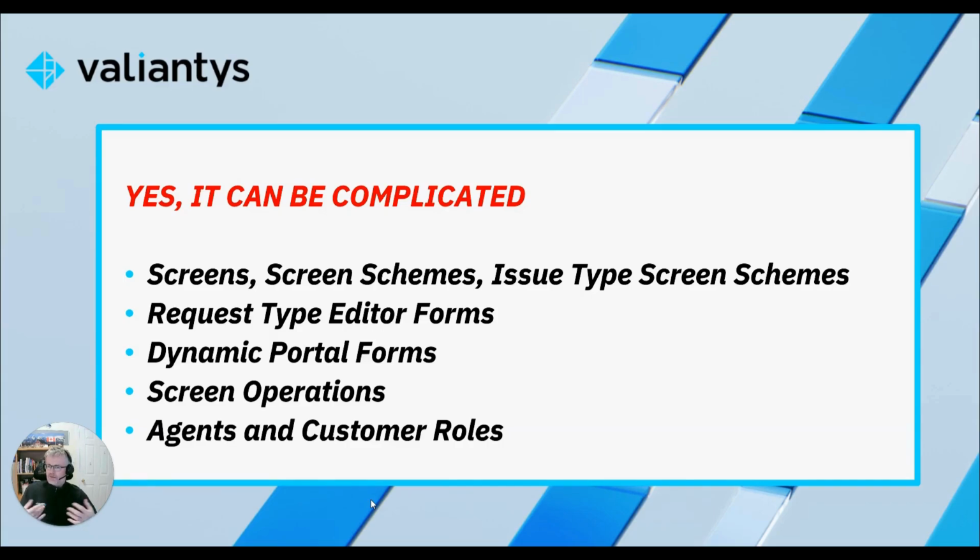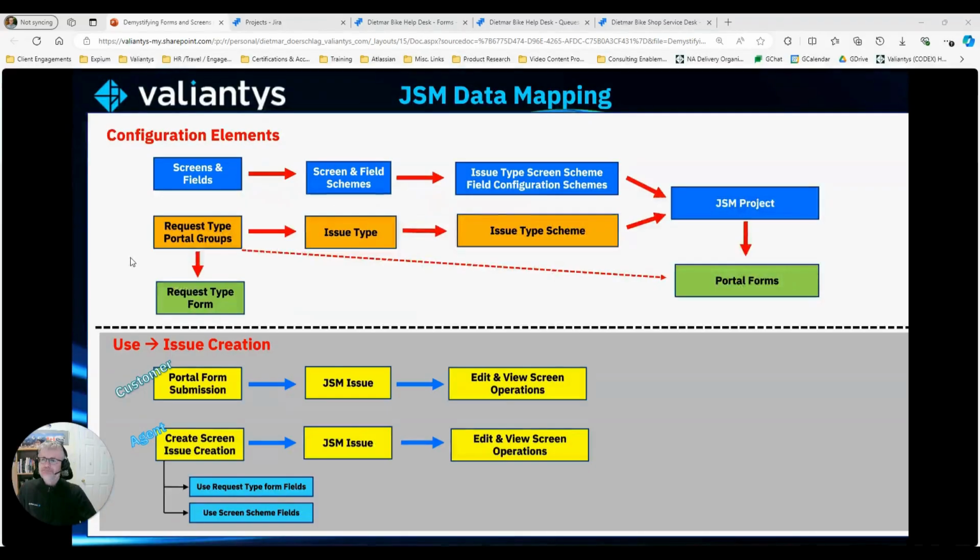And then how does this actually work when you configure screens, portal forms, and request type editor forms in various screen operations when the agent creates an issue or when the agent receives an issue that was submitted by a customer on the portal. So with that, let's jump in.